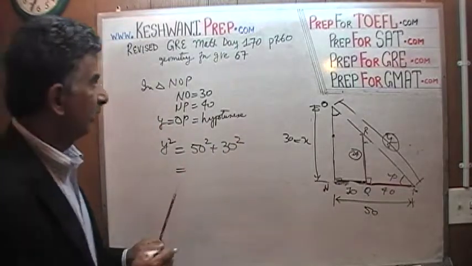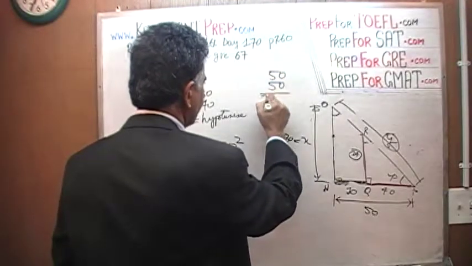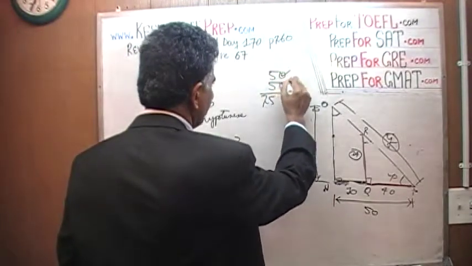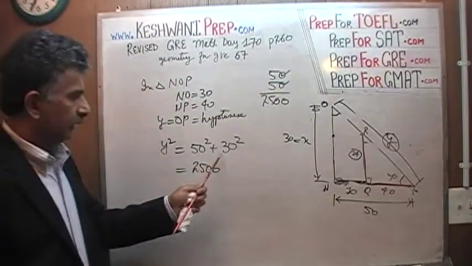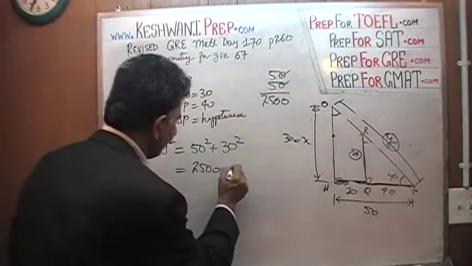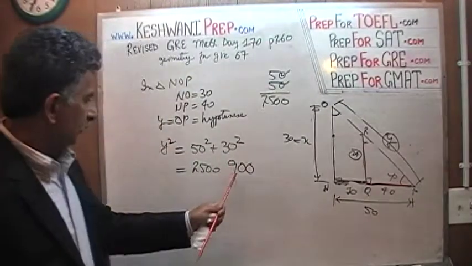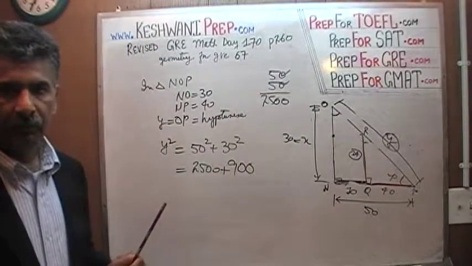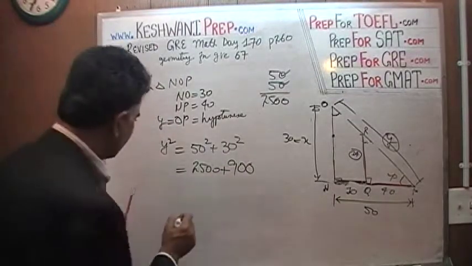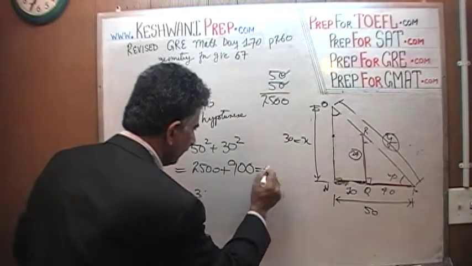Well, 50 squared is very easy: 5 times 5 is 25, and you put 2 zeros, so it's 2500. Similarly, 3 times 3 is 9, and since it's being squared, you're going to have 2 zeros: 900. 900 plus 2500 is 3400.